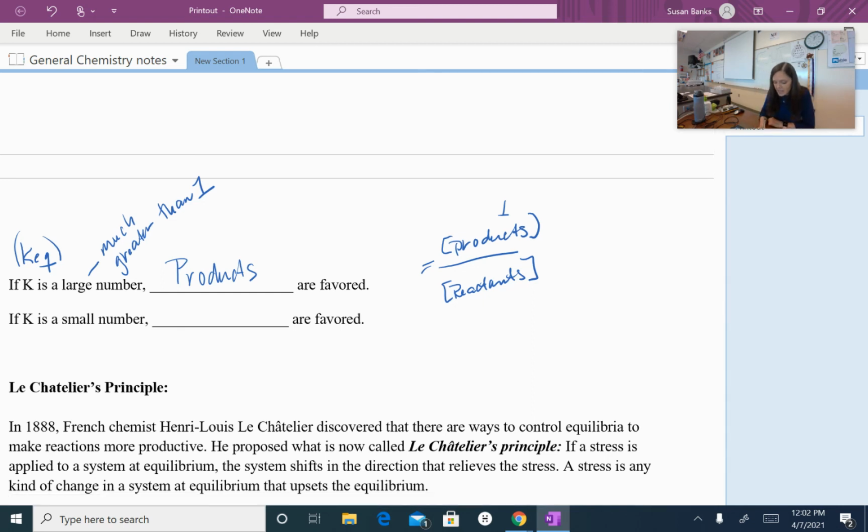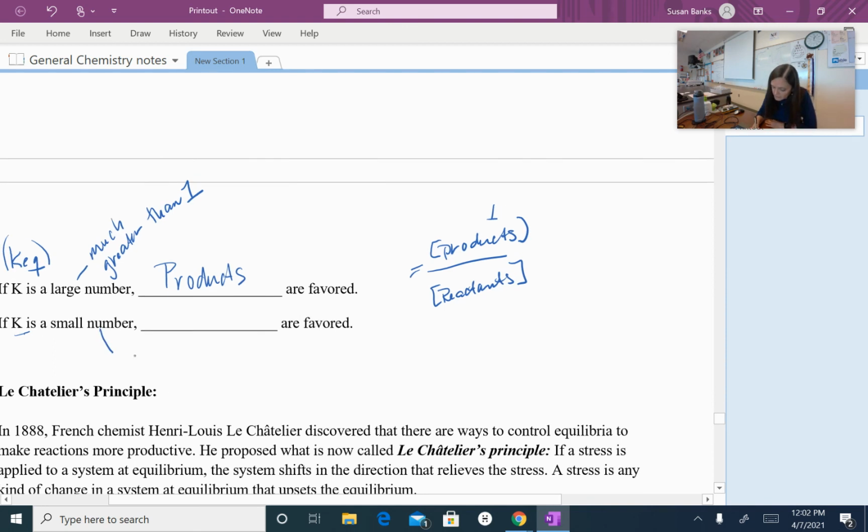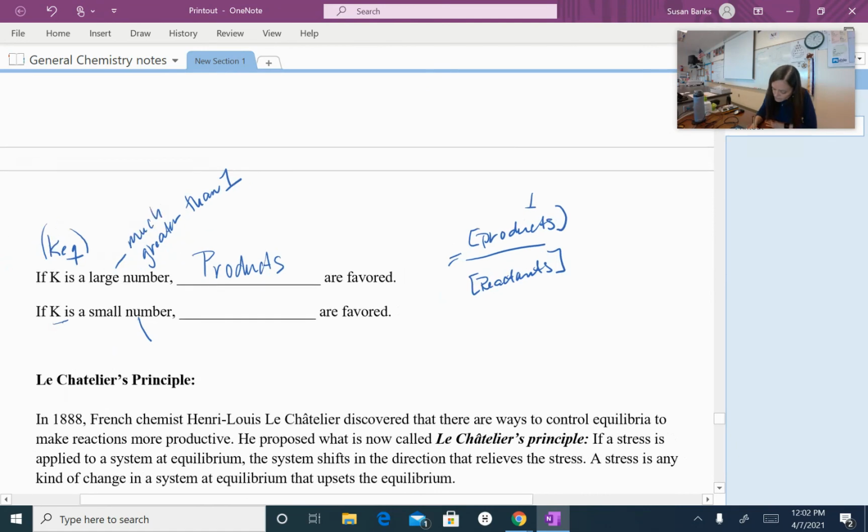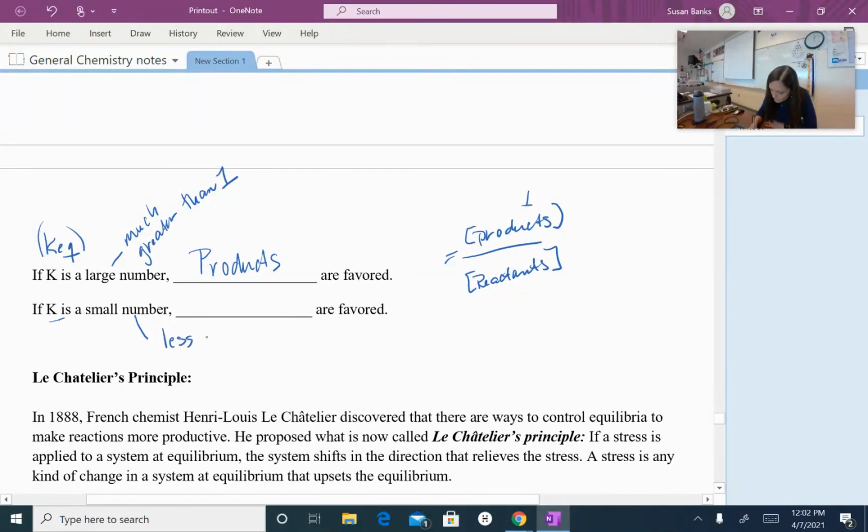But if KEQ is a very small number, and these are all positive numbers, meaning much less than 1, so this would be something times 10 to the negative whatever. So this would be a small number.